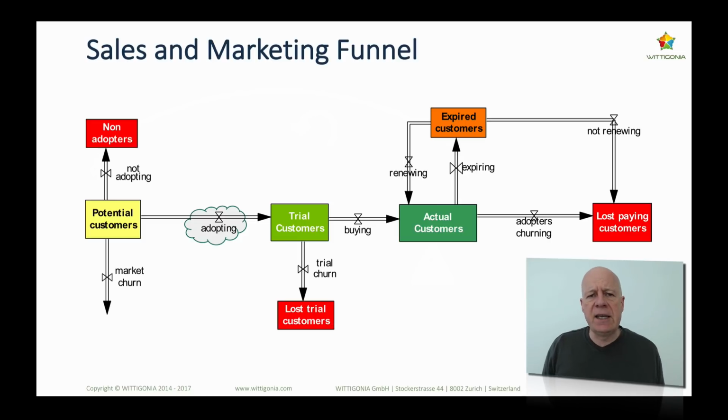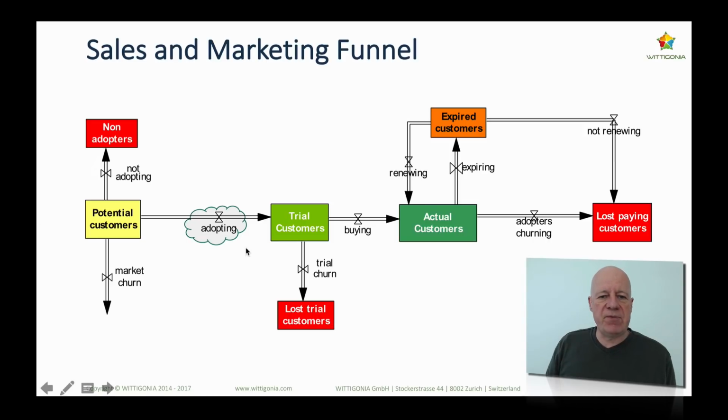Now, in reality, the marketing funnel is a little bit more, let's say, sophisticated, so it has different steps. But here is an end-to-end picture of how it essentially looks. And it really doesn't make a big difference if you have 3 steps, 5, or 10 steps in your marketing funnel. The dynamic is pretty much the same.